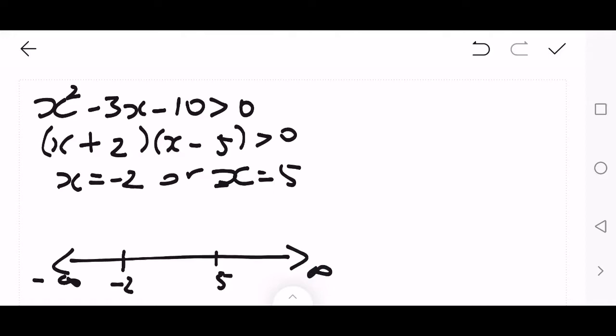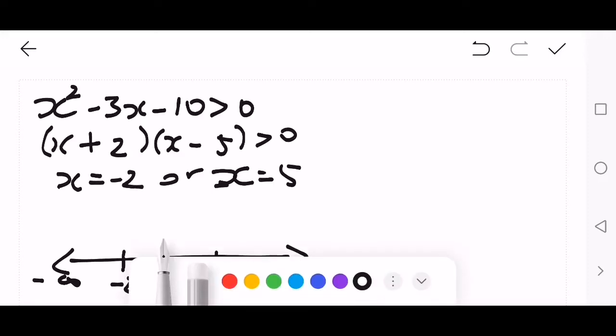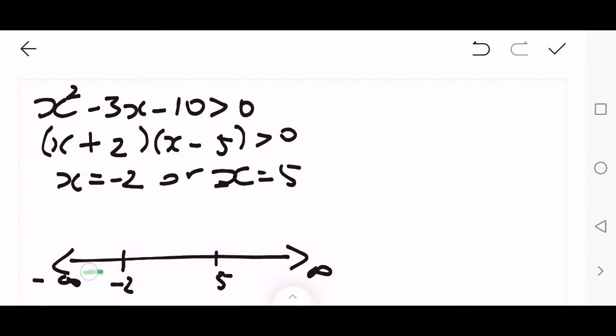So we'll choose a number from the negative side, and we'll substitute it here. We can choose any number, so I'll take minus 3 plus 2, times minus 3 minus 5.